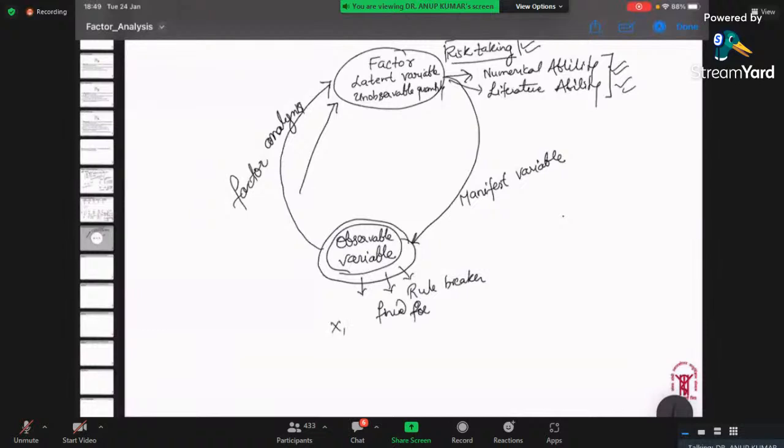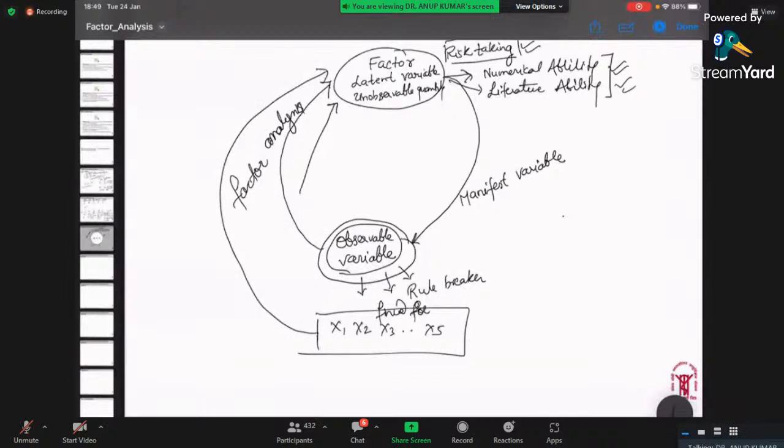Those x1, x2, x3, x5 are observable variables. Now, how can these observable variables be used to measure the hidden factors? That is done with the help of factor analysis. So this is the diagrammatic idea behind factor analysis.